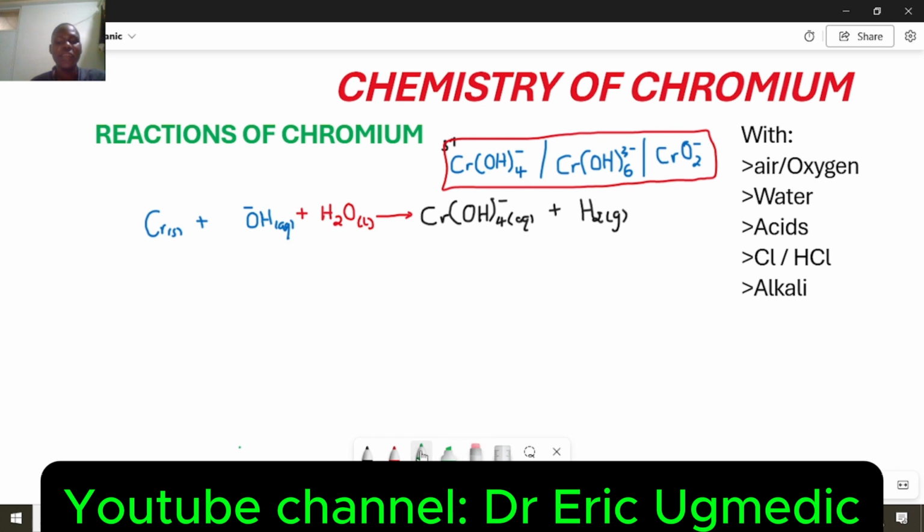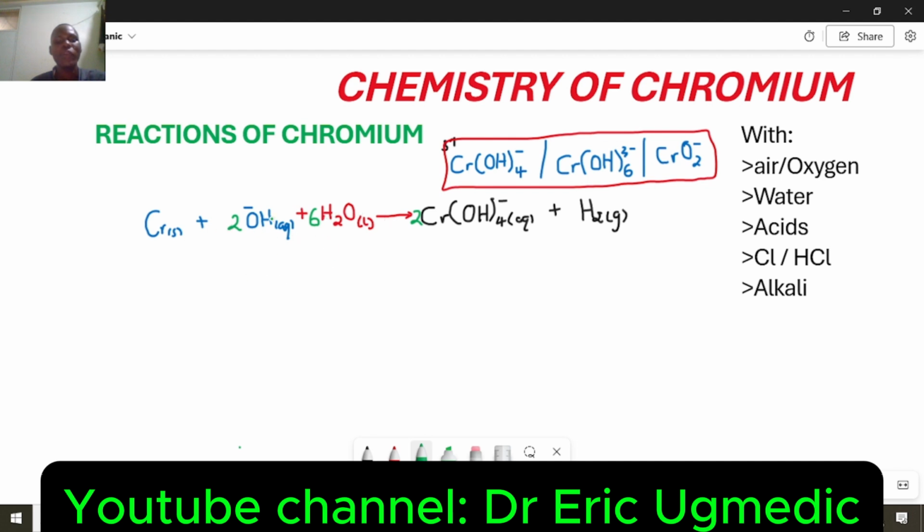That would mean I can go for a 2 first to test. If I put here a 2, I have to balance my charge also by 2. If I balance the charge, I realize that the oxygen on my right hand side are changing to 8. So how am I balancing this side? I can introduce a 6 to make this 8: 2 plus 6 oxygen, that will be 8. What of the hydrogens? They are the ones remaining.